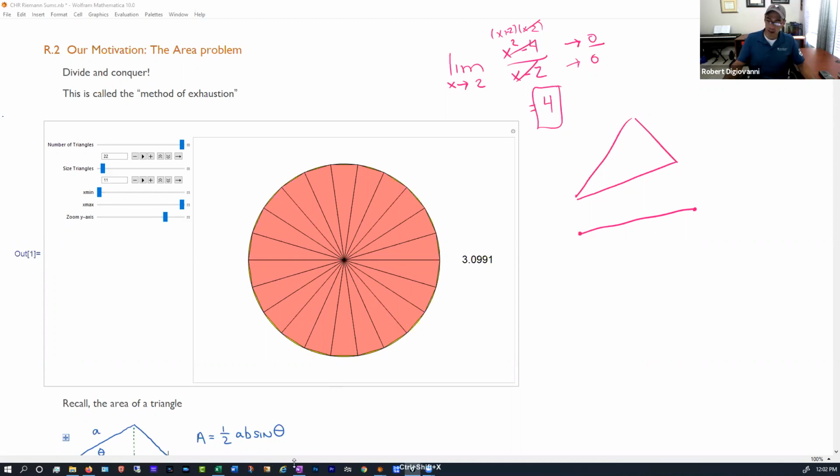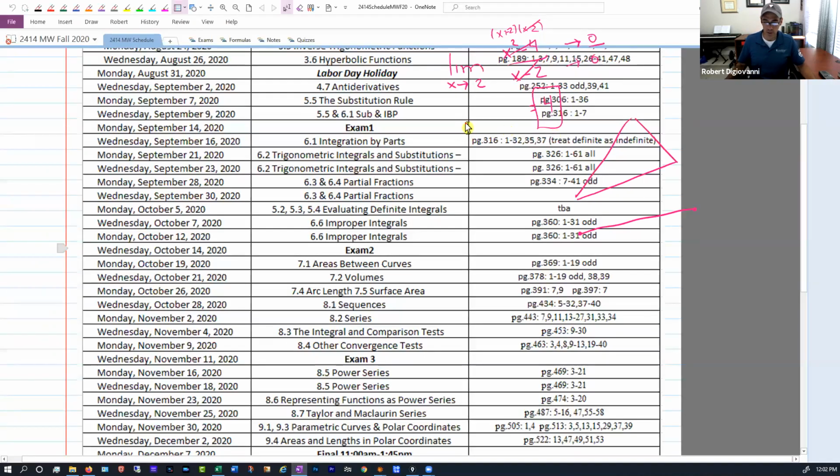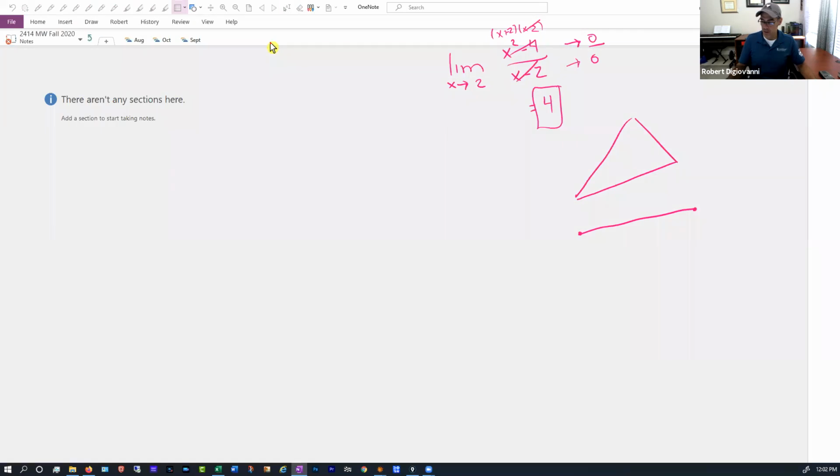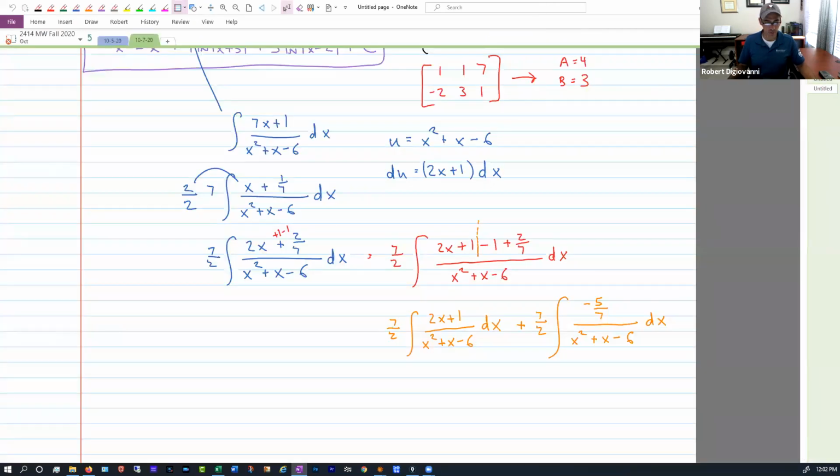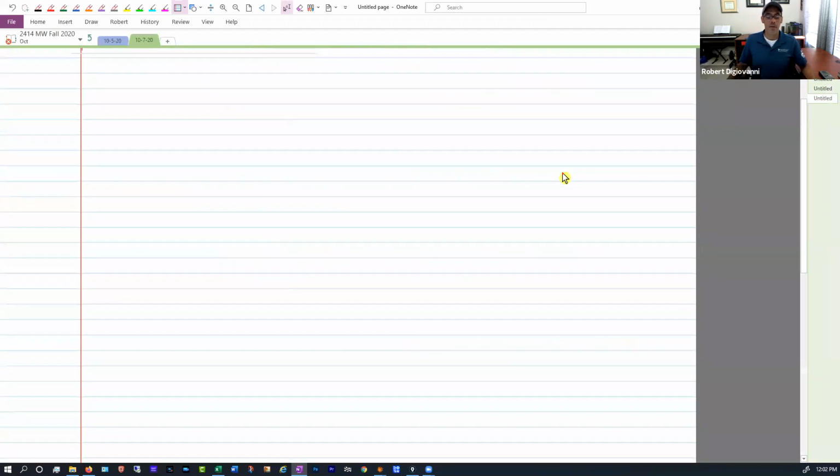Now let's imagine that we are going to start from scratch. Imagine again that now we have calculus, armed with calculus, and we want to go attack the area problem for a circle. Here's the way we're going to do it. We're not going to attack a circle.